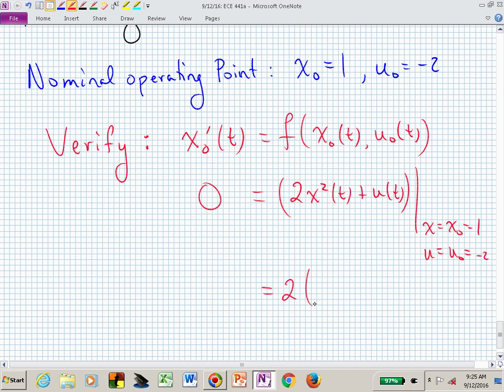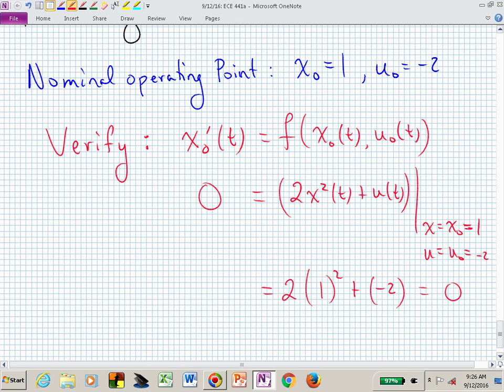I have 2 times 1 squared plus minus 2, giving me 0. So I have the 0 on the left. I end up with 0 on the right, so it's consistent.